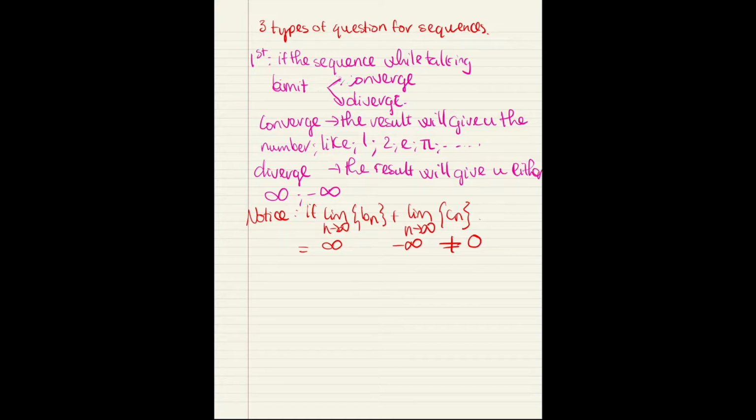What you can write is to erase this part and conclude that the limit as n goes to infinity of b n minus c n is diverge, not equal to 0.